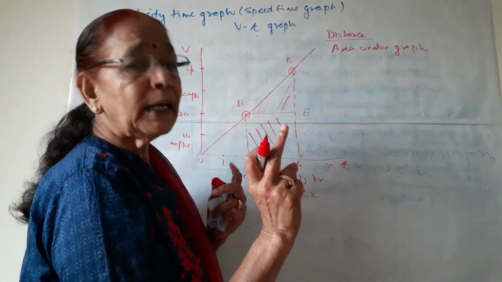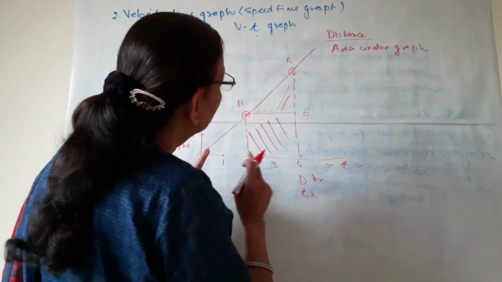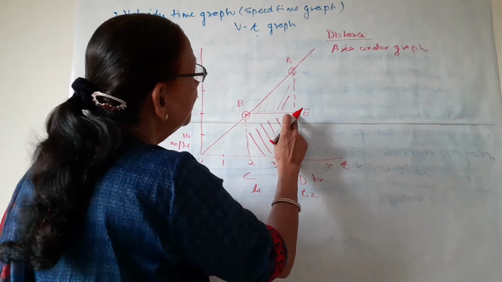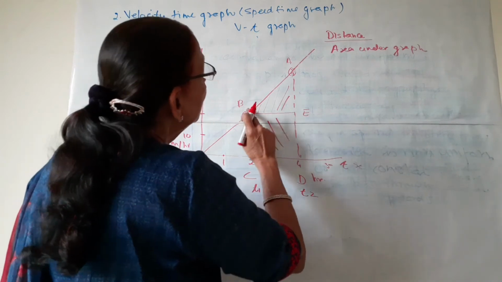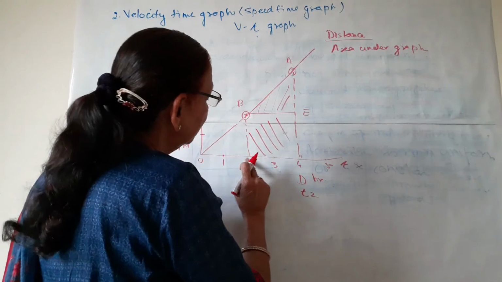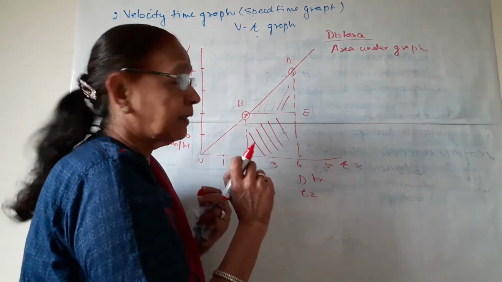We can calculate the area of this trapezium, or for ease, we have divided it from B to E. So we can calculate the area of this triangle and the area of this rectangle.